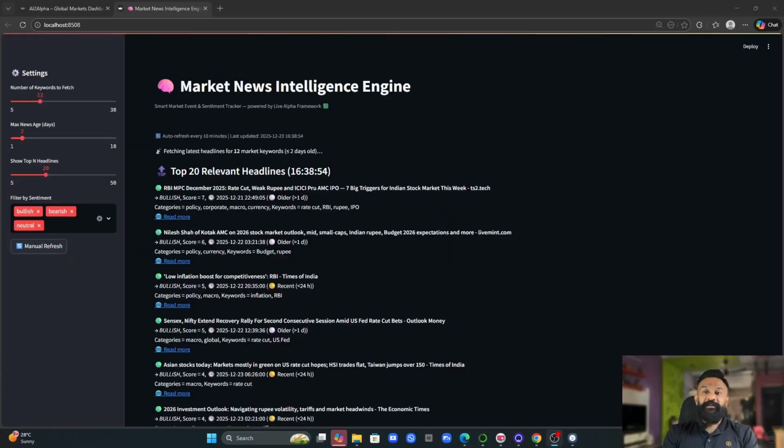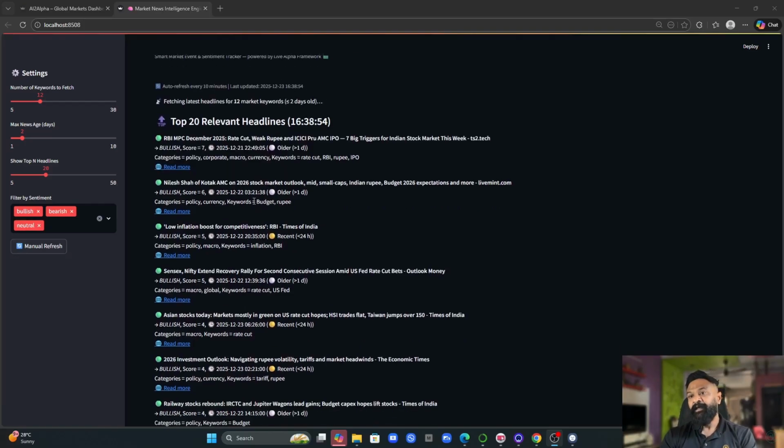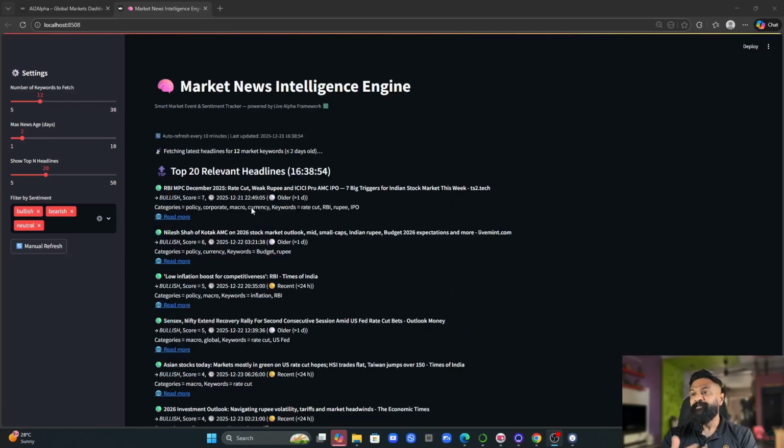The next engine, very interesting, is a market news intelligence engine or dashboard. It fetches the news from all over the internet. I'm fetching the news using APIs, and there are certain keywords, so it filters the news with the keywords, and it refreshes every few minutes. I also have a slider to set how old the news can be.